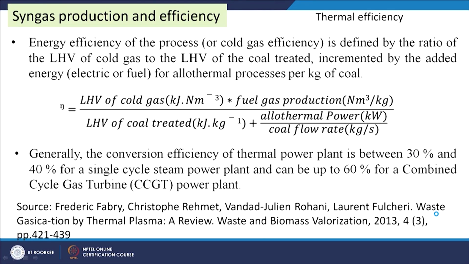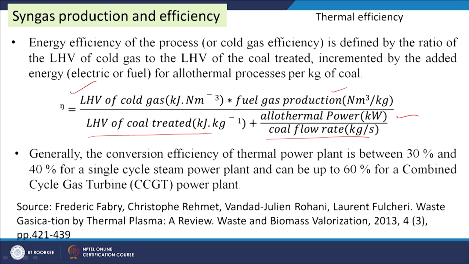Now, we will see the efficiency. Efficiency is related with heat. So, obviously, LHV of cold gas in kilojoule per normal meter cube, into fuel gas production in normal meter cube per kg, divided by LHV of the coal treated plus allothermal power by coal flow rate.